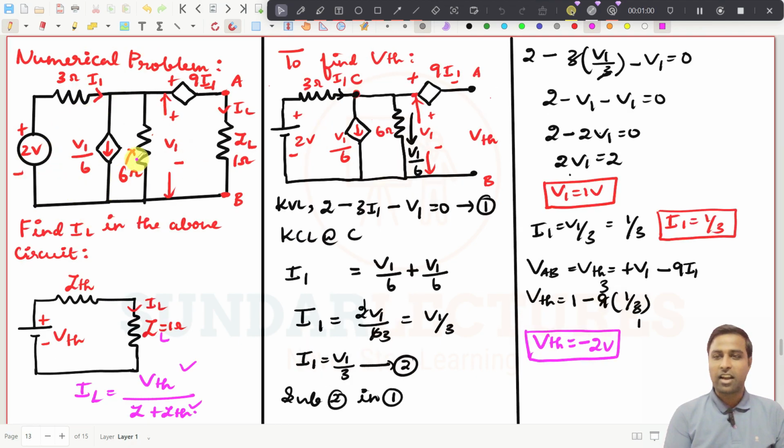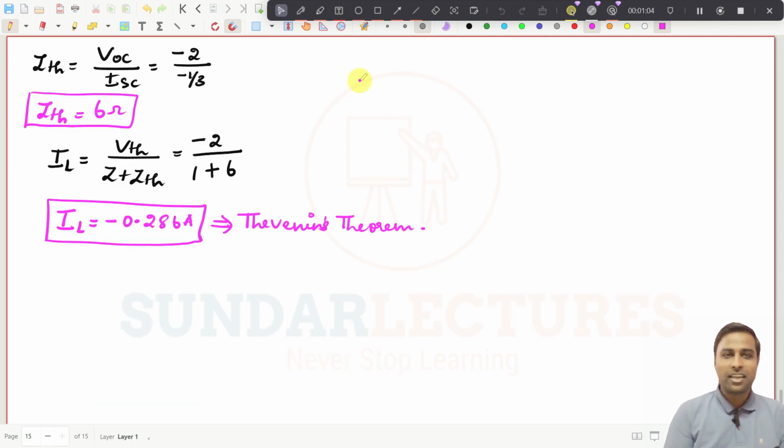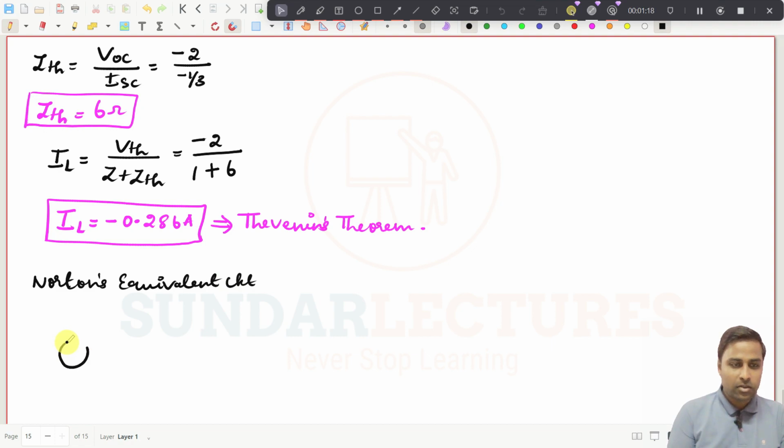And if you want to find the same problem using Norton's theorem, then what do you need to do? I will draw the Norton's equivalent circuit. What is the Norton's equivalent circuit? You know, right?